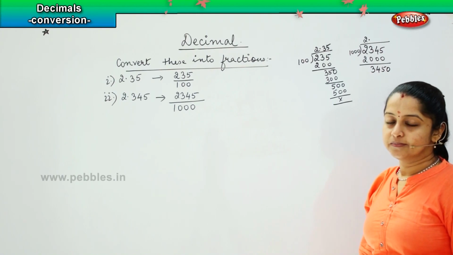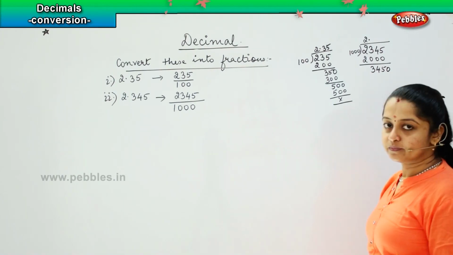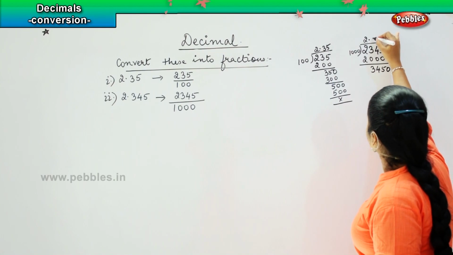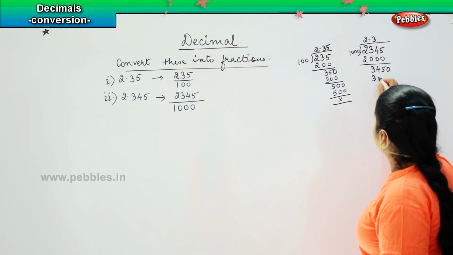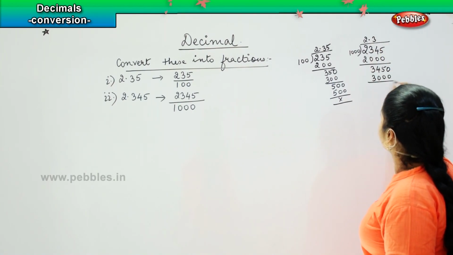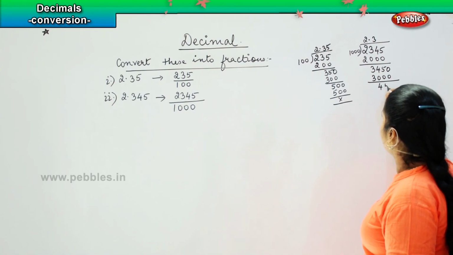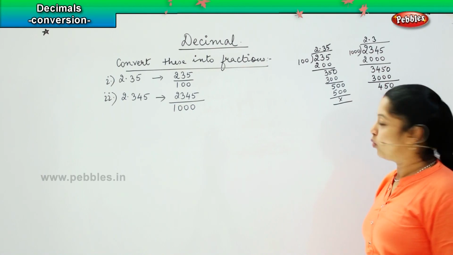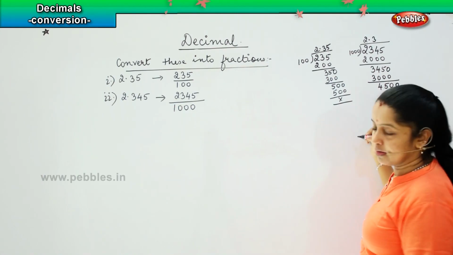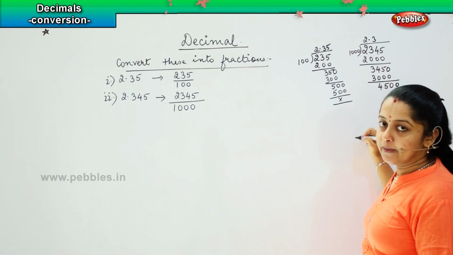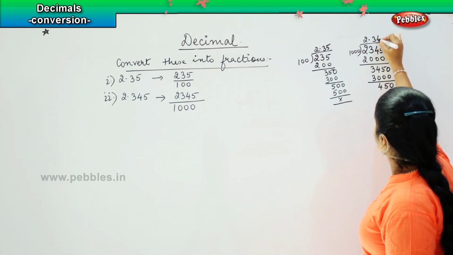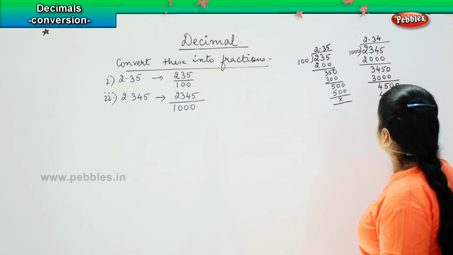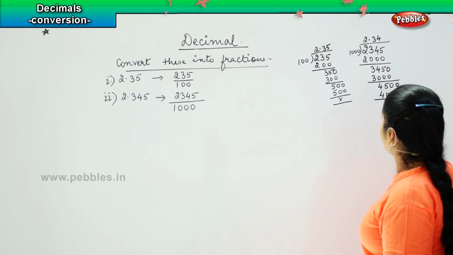Now is it divisible? Yes. How many times? 3 times, right? So 3, and this gives 3000, then 450. Will it get divided by 1000? No. I add a 0 over here. So how many times will it get divided? Good. 4 times. Then this becomes 4000 and the remainder is 500.